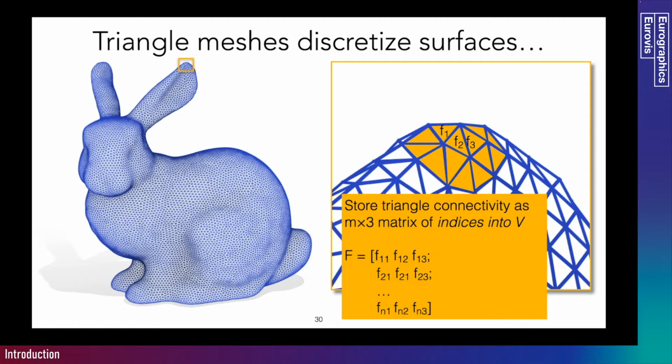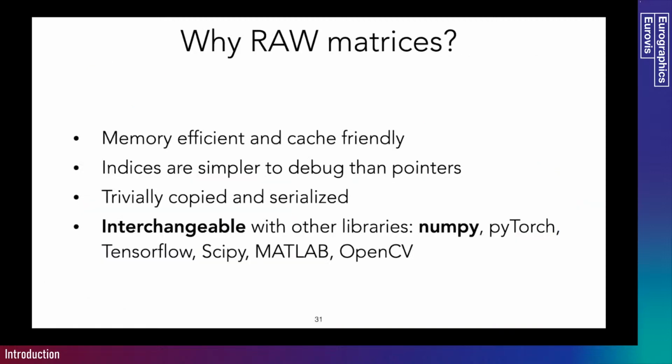Similarly to what we did before, we place all these indices in one single matrix that has size m times 3, where m is the number of triangles. We have 3 columns, one for every one of the indices. So now the entire mesh is represented as 2 matrices, one that stores the coordinates and one that stores the indices into the matrix of coordinates.